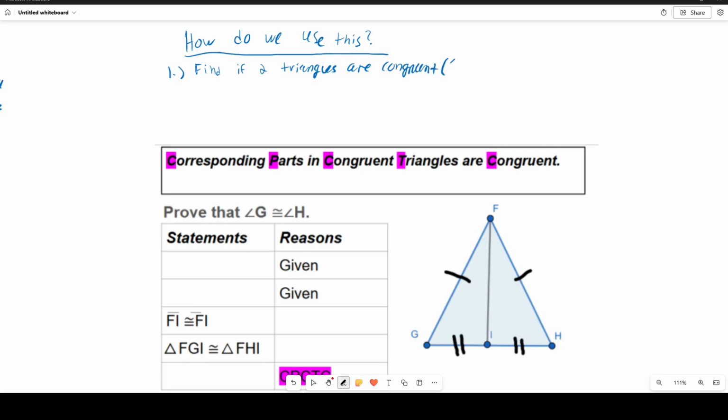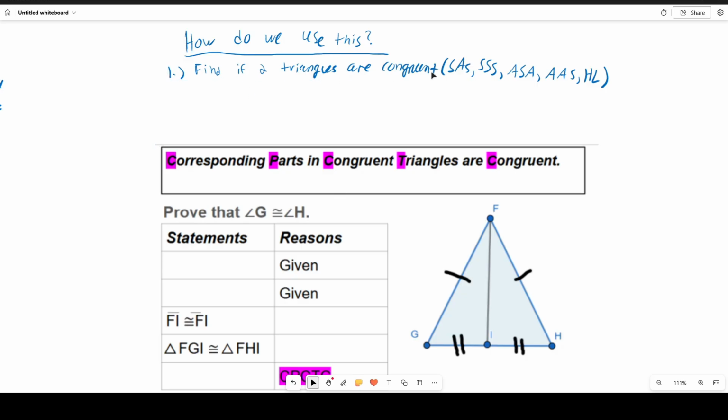Our 4 main ones are side-angle-side, side-side-side, angle-side-angle, and angle-angle-side. And we also have that weird one that we can sometimes use with right triangles called hypotenuse leg.